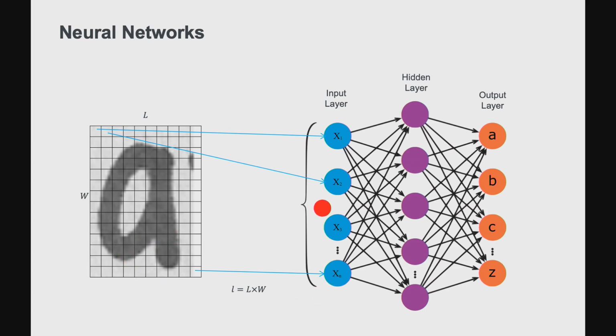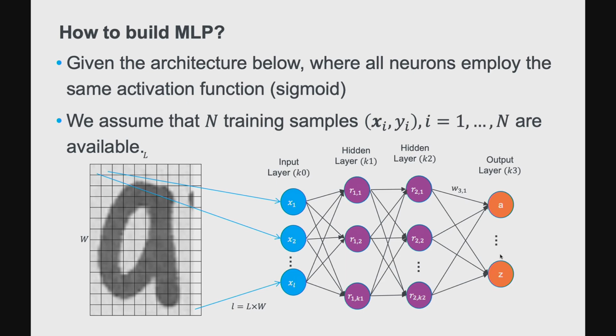And so you have an input layer which has as many values as it is wide times high, so L times W many entries. So x_n is, the n here is L times W. And so this is your input layer. Then you have hidden layers, and at some point an output layer where with softmax you could distinguish A, B, C, Z, etc.